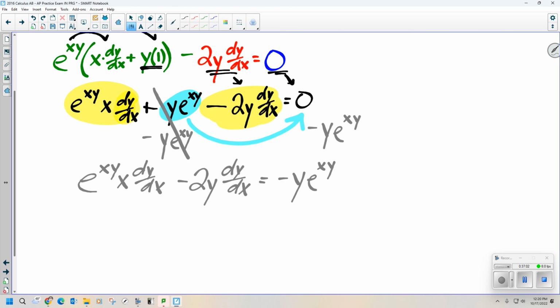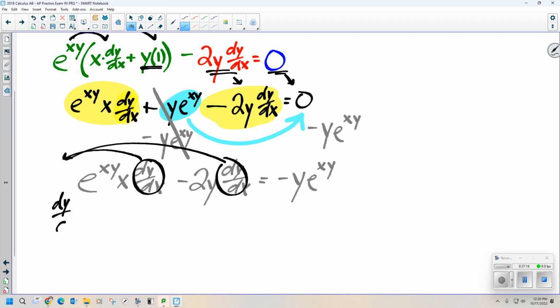Okay, you're doing good. Don't freak out yet. We're doing good. I got to factor this and this out. GCF. dy dx, we'll put the x in front, x e to the xy minus 2y, all right, equals negative y e to the xy.